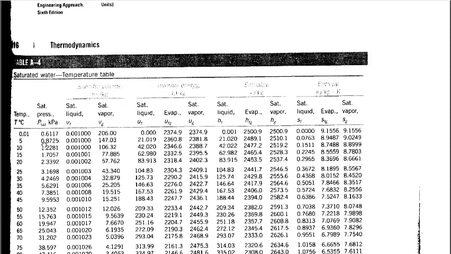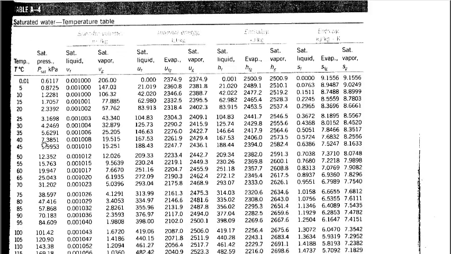But you can get some connection with this data by looking at the saturation pressure for a temperature of 100 degrees C. And we know that water boils at 100 degrees C in atmospheric conditions, when pressure is atmospheric pressure.